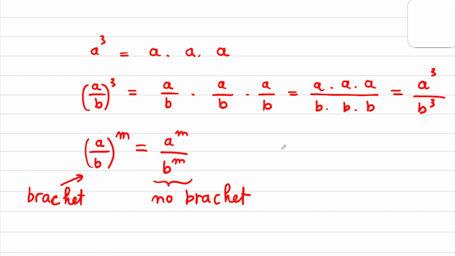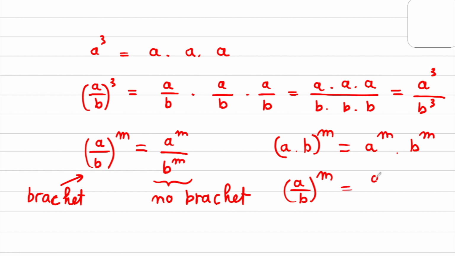About the product, you have a times b with m outside, you apply m to base number a and m to base number b. And for a over b, you have the same writing. You apply m to the numerator a to the power of m and b to the power of m, like this one.